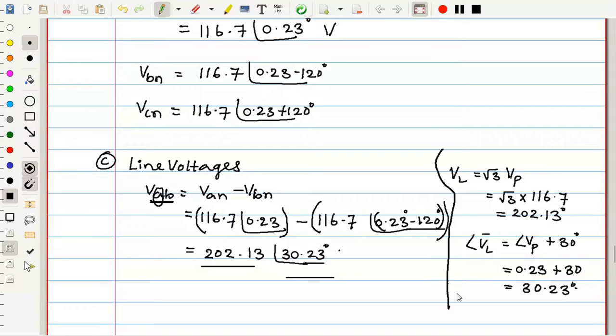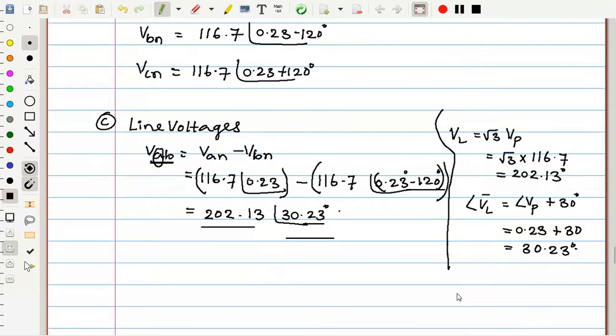How I verified my answer: if I know the basic idea in star connection, the line voltage is root 3 times the phase voltage, and the angle will be plus 30 degrees of the phase voltage. Is this clear for everyone? In this way you should cross check yourself, so even if there is some calculation mistake, you can see whether it comes as root 3 times the phase voltage or not.